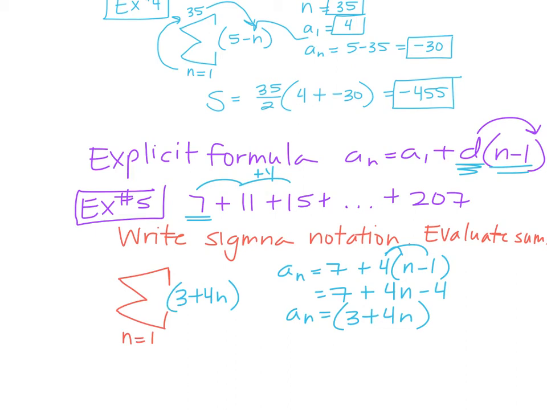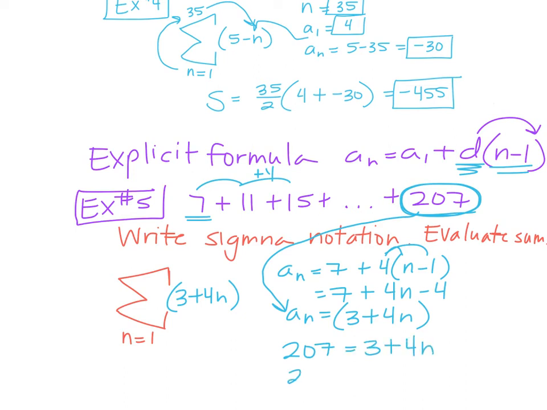And then remember, we did this yesterday. This is our a sub n, that's our last term. So we're going to put it in place of a sub n. So we're going to say 207 equals 3 plus 4n.